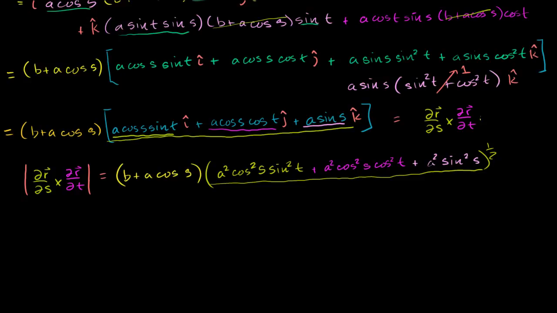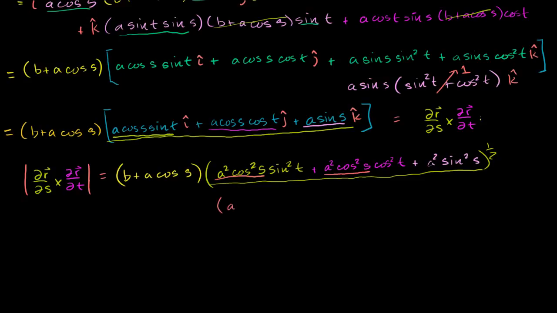So let's see if we can do anything interesting here, if this can be simplified in any way. We have a squared cosine squared of s. We have an a squared cosine squared of s here. So let's factor that out from both of these terms and see what happens. So I'm just going to rewrite the second part.